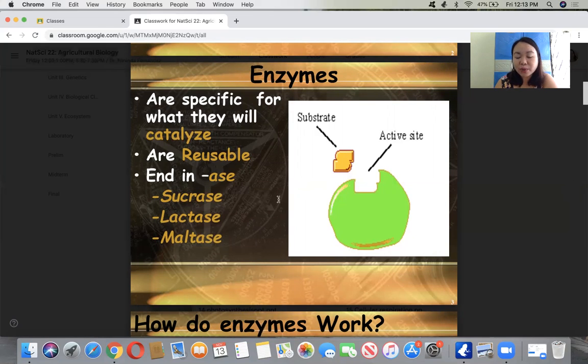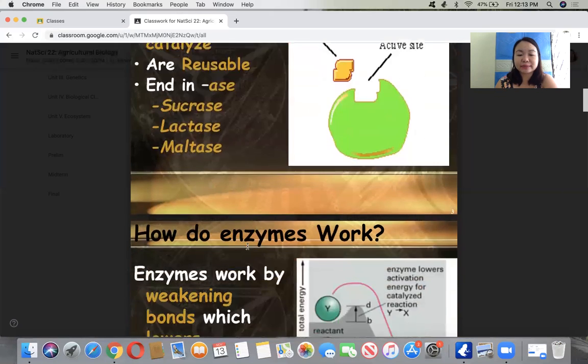So we have sucrase, lactase, and maltase. From the word sucrose, an enzyme that catalyzes the change or division of sucrose is called sucrase, for lactose, lactase, and for maltose, maltase.